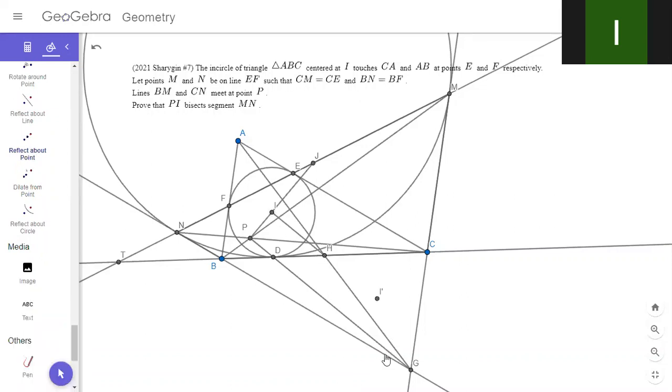So I prime would be the in-center of GBC. But yeah, that's true by symmetry. Since I is the in-center of ABC, I prime is the in-center of GBC.